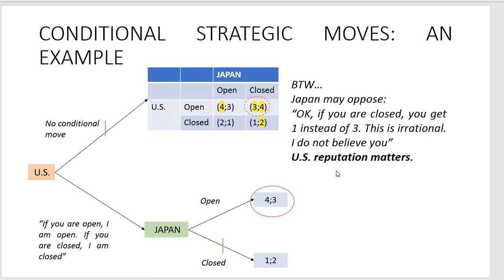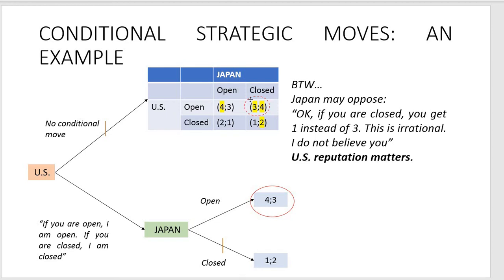So in this case, the reputation of the United States is a crucial thing. If the US has a credible, reliable reputation of a player who always sticks to its commitment, then it will work.